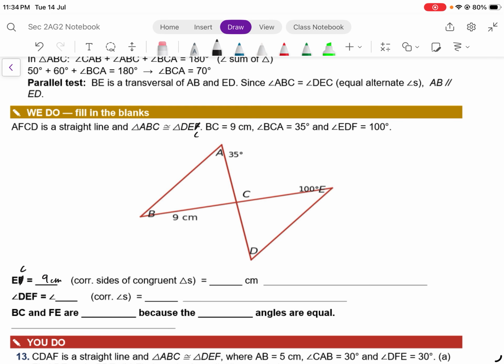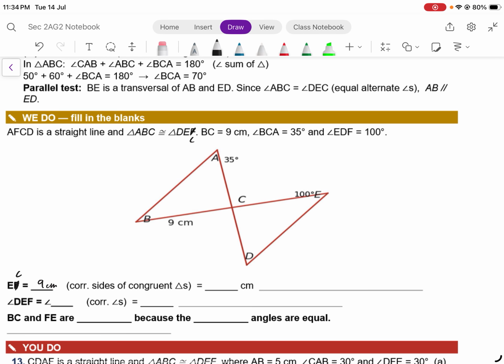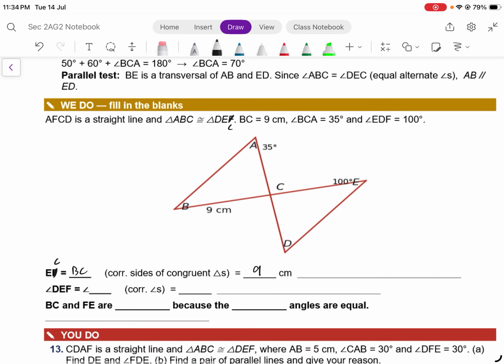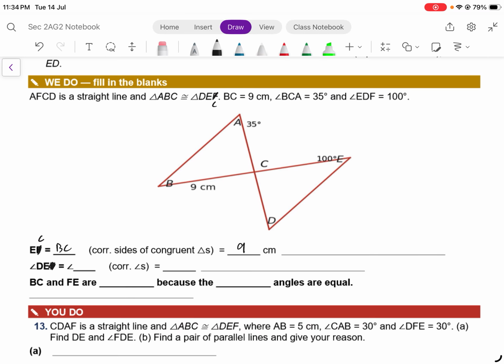Corresponding angles. So EC equals to BC, which is 9 cm. Angle DEC is equal to angle ABC, corresponding angle, which equals to 100 degrees.